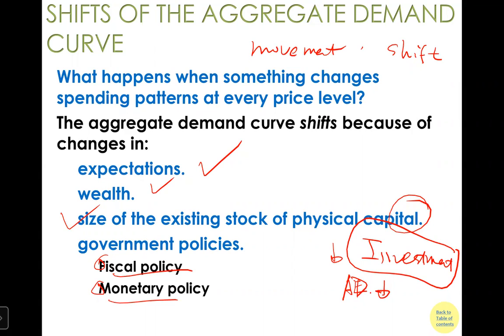But at least this is some money, so you want to spend it. By the way, that's part of fiscal policy. The government gives you cash to spend, and that helps aggregate expenditure.